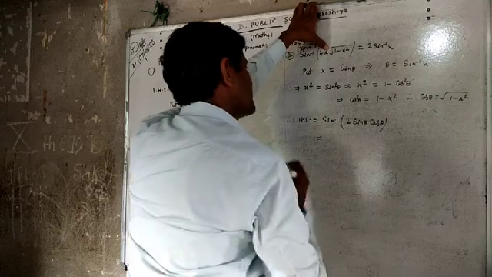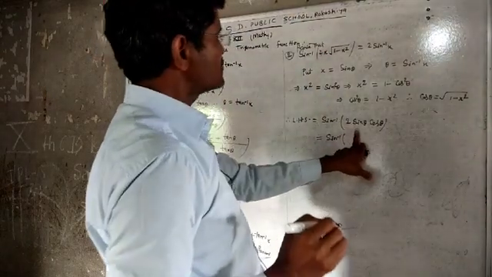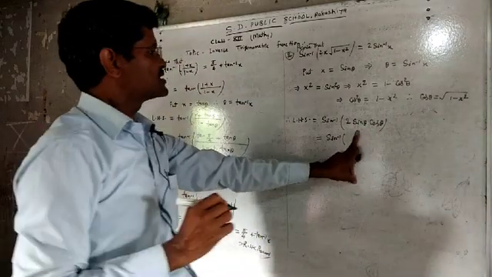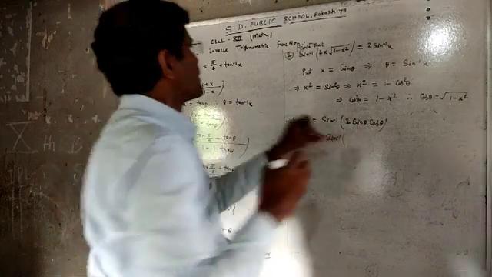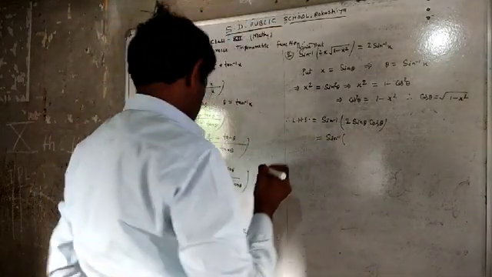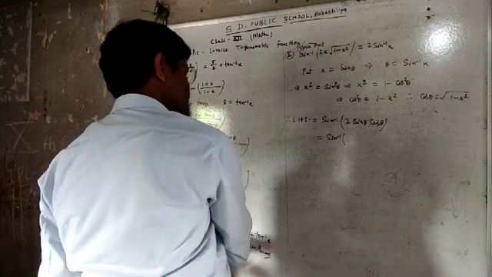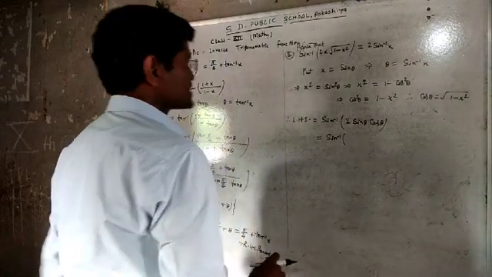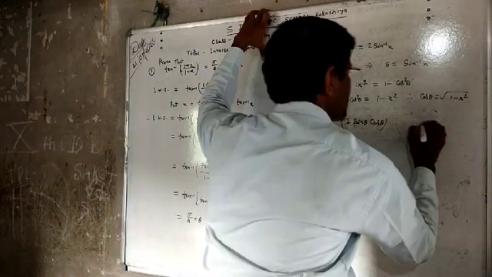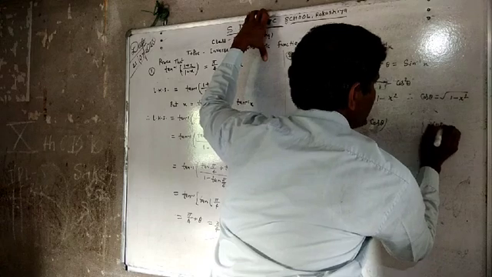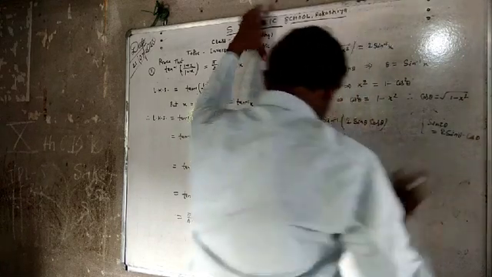Hence, sine inverse of 2 sin theta into cos theta is equal to sin 2 theta. It is a formula of multiple angle. We have seen in class 11 all the formulas of trigonometry, the multiple angle and submultiple angle formulas. According to the multiple angle formula, sin 2 theta is equal to 2 sin theta into cos theta.